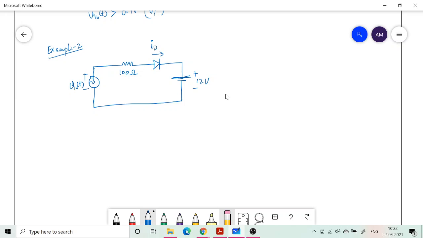Let us be specific about the input voltage. I will draw the waveform. This is again a sine wave, and this is 24 volt, it is given in this problem. The frequency is not mentioned, so we will take the period as T.